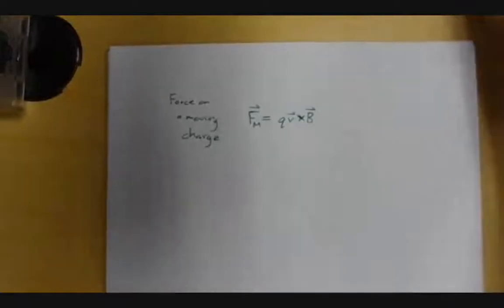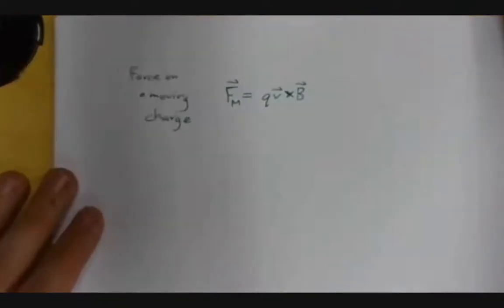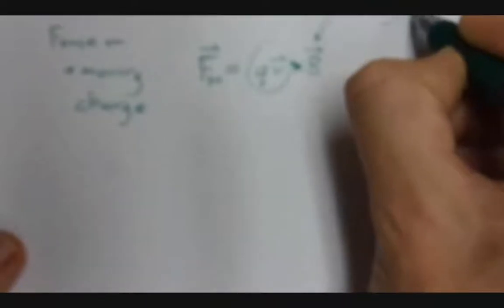But now let's have it moving at a decent enough speed, or in a strong magnetic field. So this is a moving charge, and this is the magnetic field it's inside of, or the magnetic field at its current location.